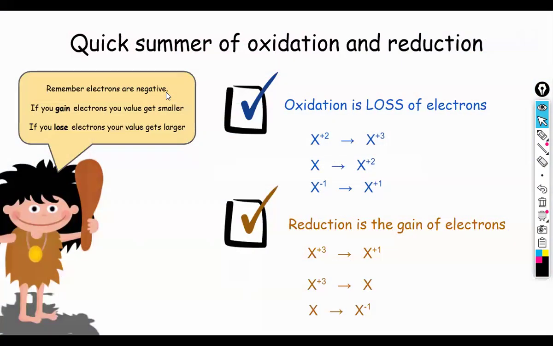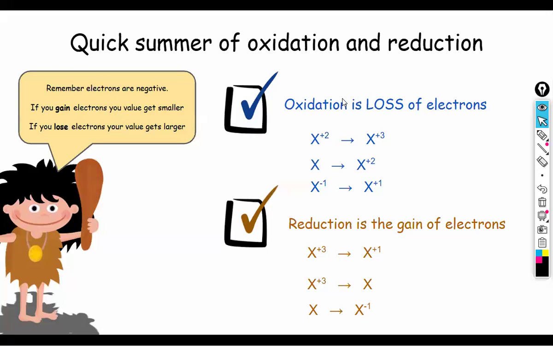Right. So just a quick reminder, even though I did this just now at the beginning of class, remember, oxidation is the loss of electrons. And because you're losing electrons, remember, electrons have a negative charge. When you lose electrons, your charge actually becomes larger because you're losing something negative.